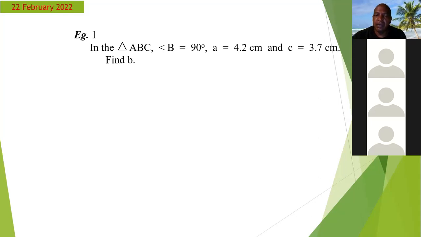And by what you know about right angle triangles, once you see a 90-degree angle, that should indicate that you are dealing with a right angle triangle. So if angle B is 90, side A is 4.2, side C is 3.7.